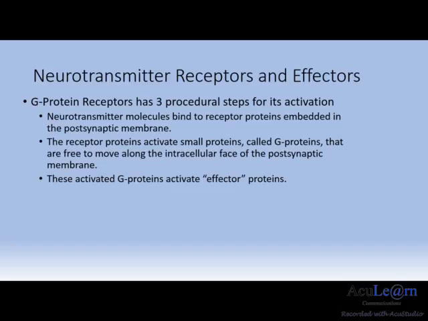These G-proteins then activate effector proteins. These effector proteins can be G-protein-gated ion channels that open when G-proteins activate them, or they can be enzymes that synthesize second messengers. Second messengers act to activate other enzymes that play a role in cellular metabolism and regulation of ion channel function.